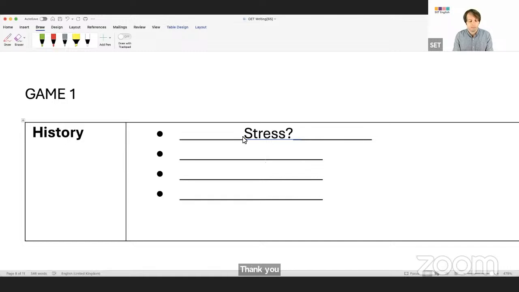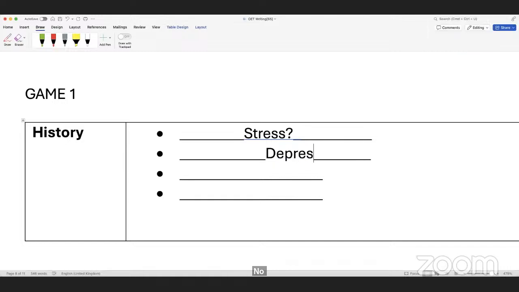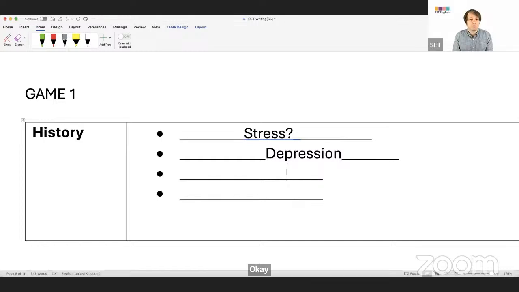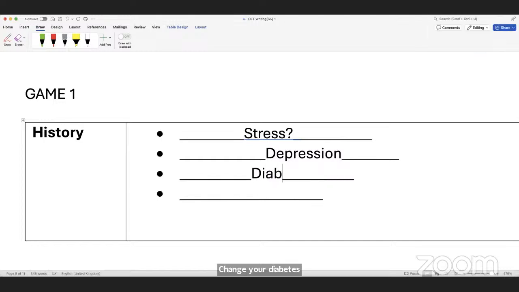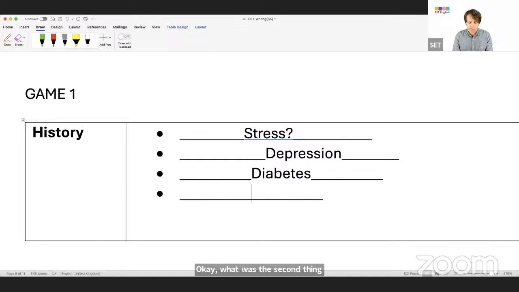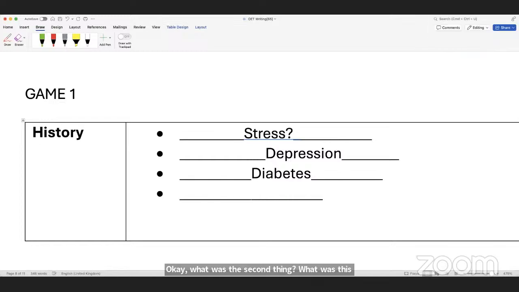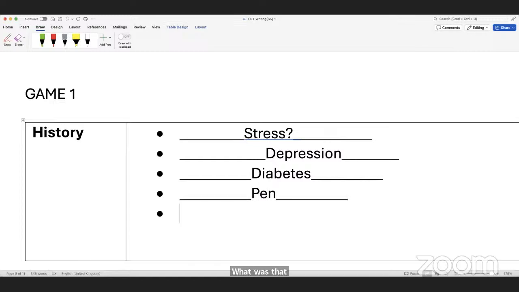Depression. What was the third thing? Diabetes. What was the fourth thing? Your wife. Sleeplessness. Lifestyle changes. It was pen. What was the fifth thing? Counseling. Lifestyle change. Problem with school, I think.